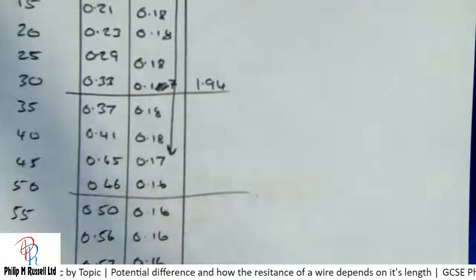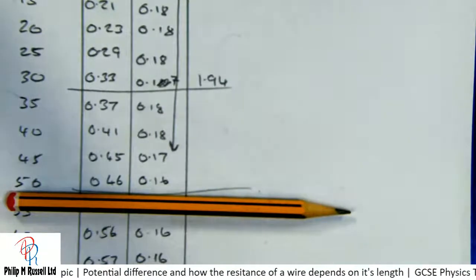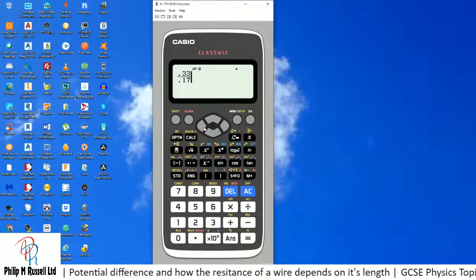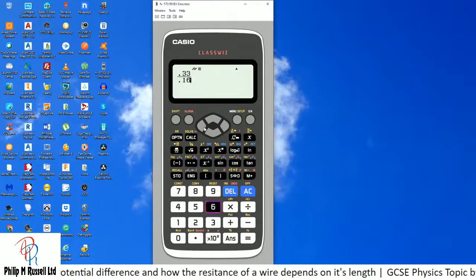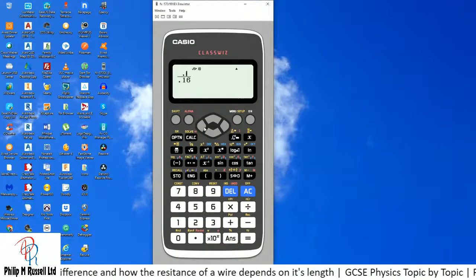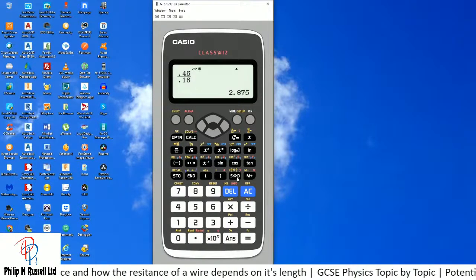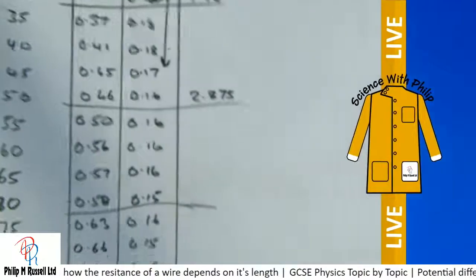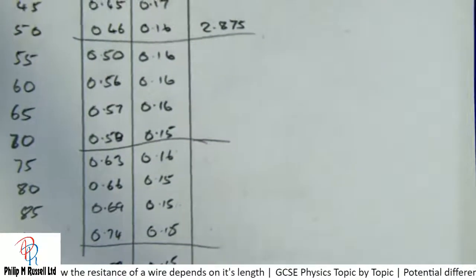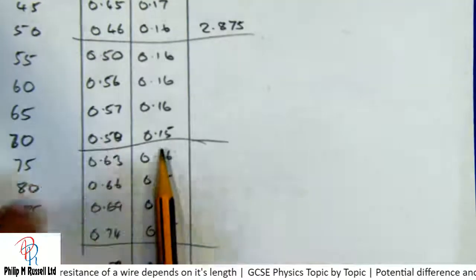For our 50 centimetre length, 0.46 over 0.16. So 0.46. It's going to give me 2.875. Doing our last ones now, we've got 0.58 over 0.15.